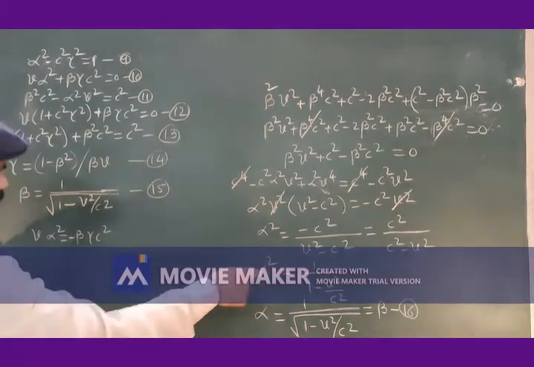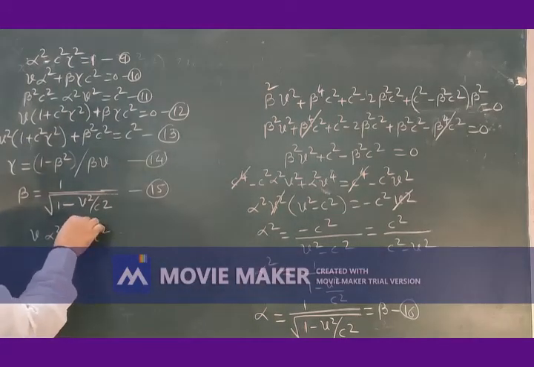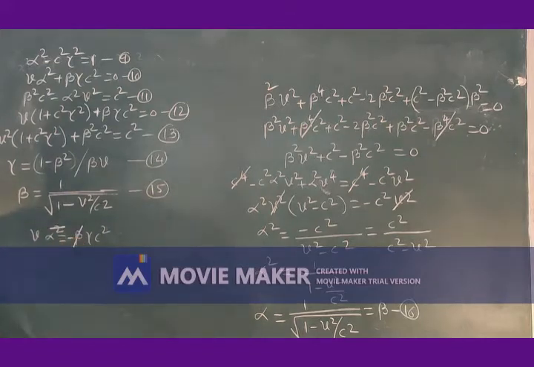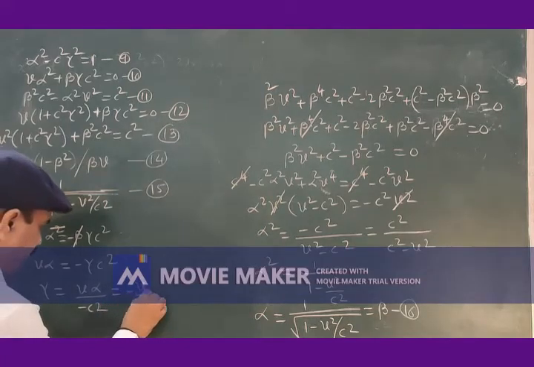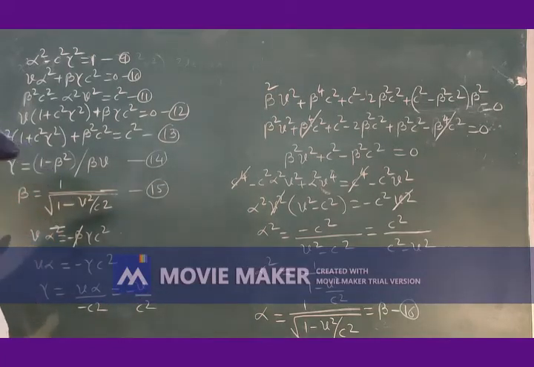But we have alpha is equal to beta. Let me cancel this beta with one power of alpha, and what is left is v alpha is equal to minus gamma c square, since we are interested in finding the value of gamma. So gamma is equal to v alpha divided by minus c square. This is equal to minus v by c square times alpha.